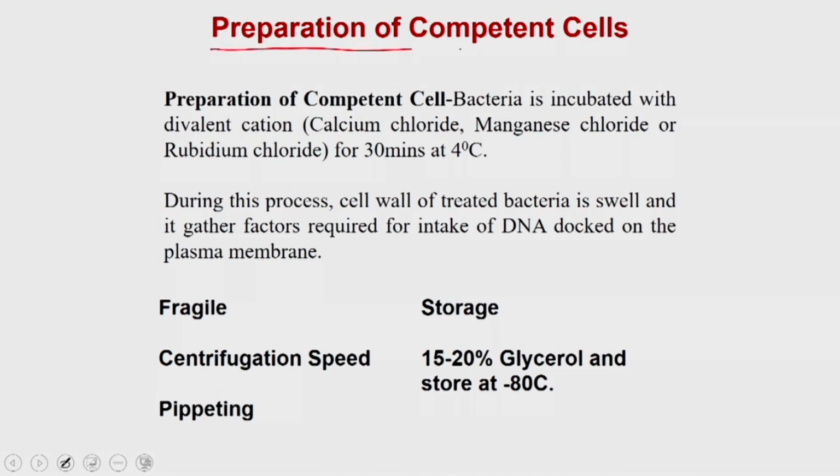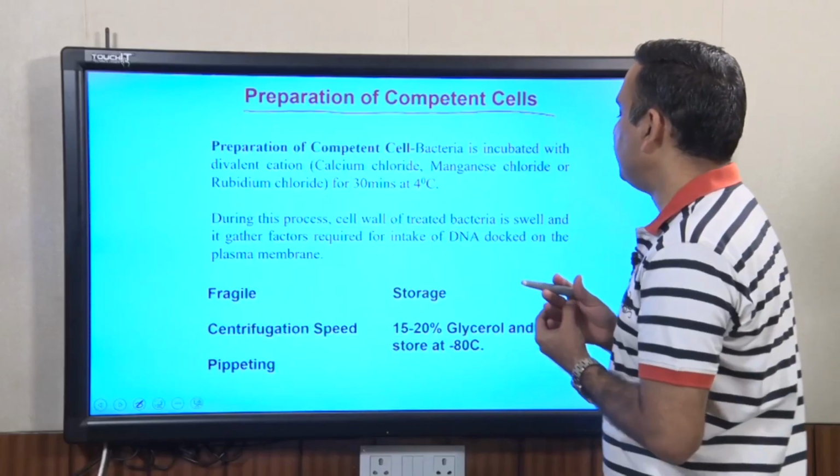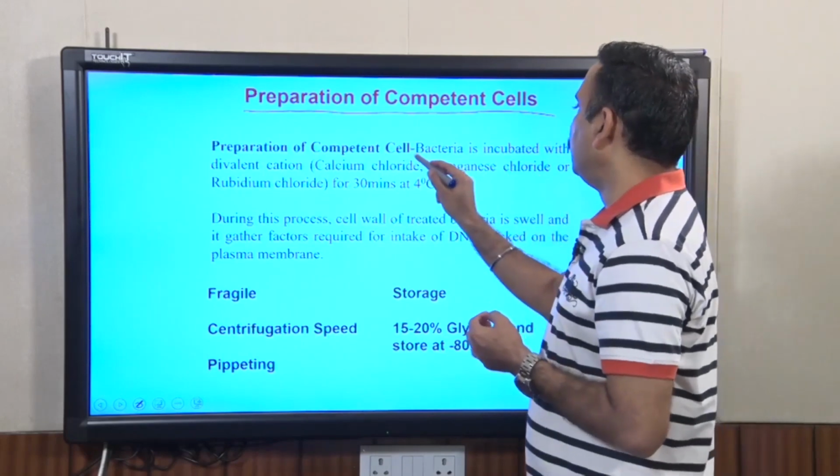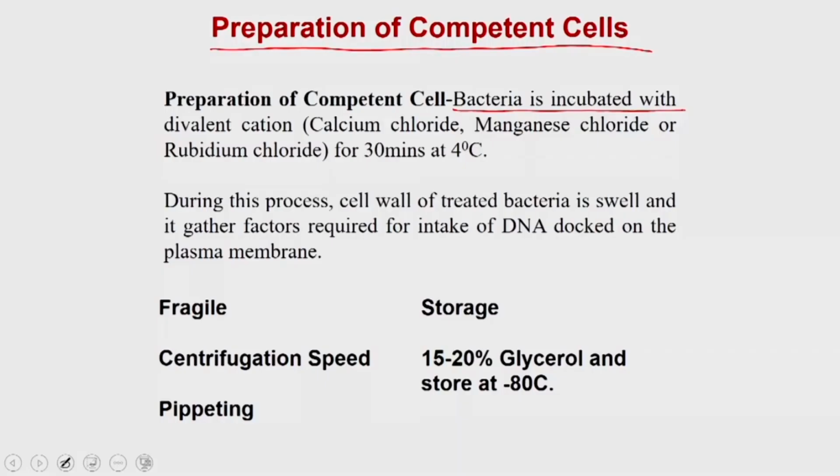So, how do you prepare competent cells? It is very simple. In this case we have taken the example of E. coli. How you prepare a competent cell is that you take the bacteria and incubate them with a divalent cation such as calcium chloride or rubidium chloride for 30 minutes at 4 degrees Celsius.